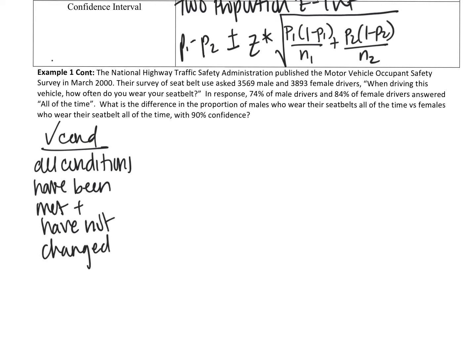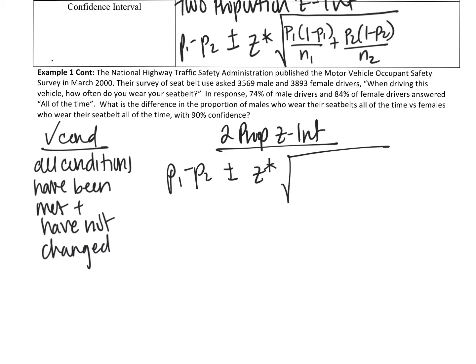Okay, write the name of the interval. This is a 2-proportion Z interval, and the formula: p1 minus p2 plus or minus that critical value times the standard deviation.